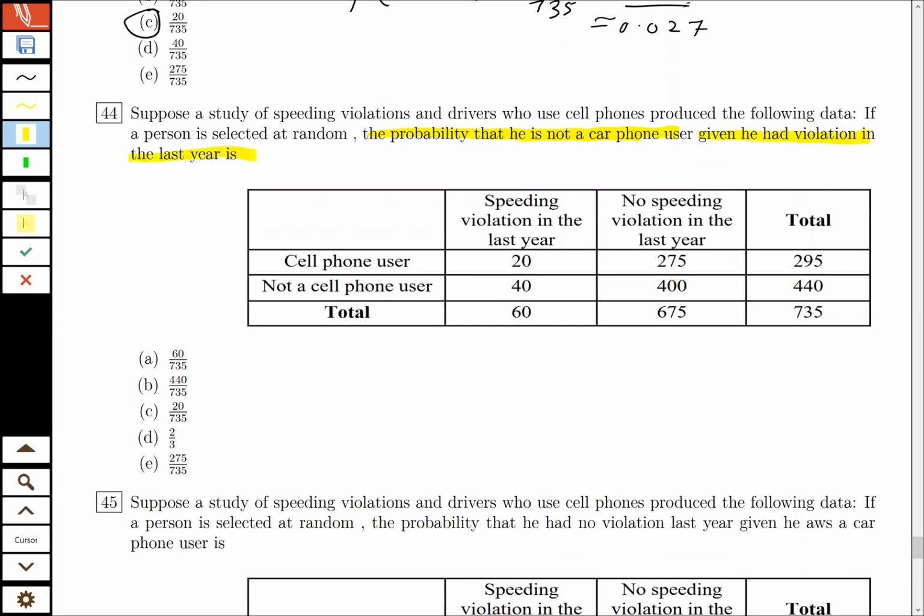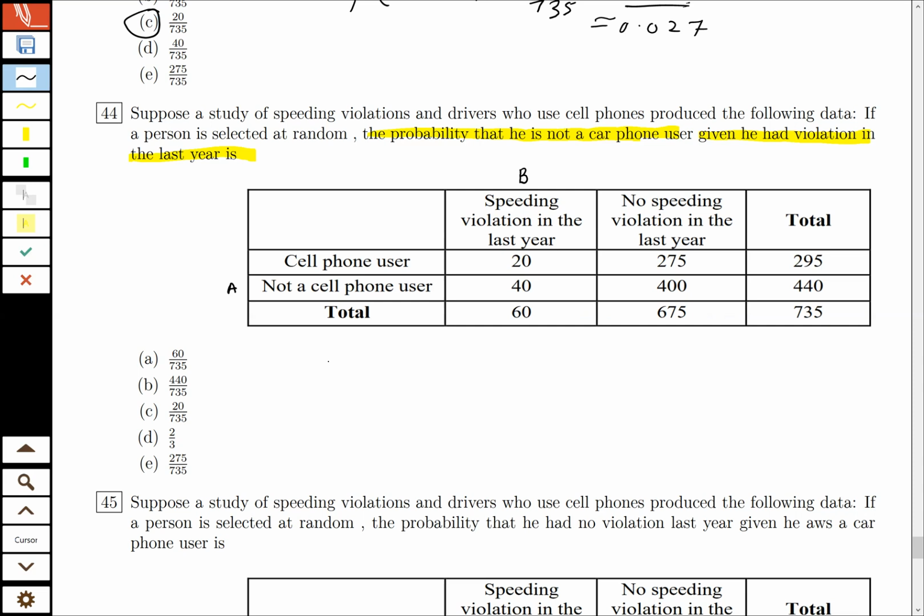So we have two events here. The first event, not a car phone user, we call it A, for example. And the second one, he had a violation last year, a speed violation. This is, we call it B.